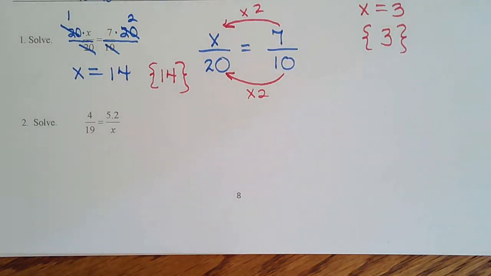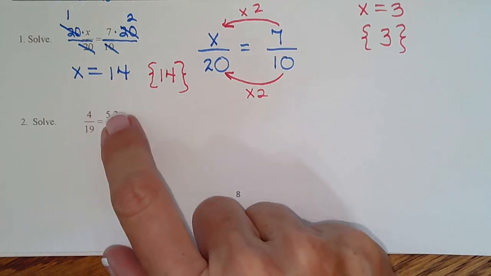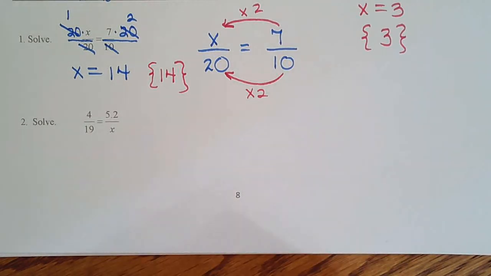So you don't want to get in and be overthinking everything. You should just use whatever method comes easiest first. So to me, since I can't tell what 4 times what is, well, I can tell, but since I can't easily tell, then what I can do is just set my cross products equal.